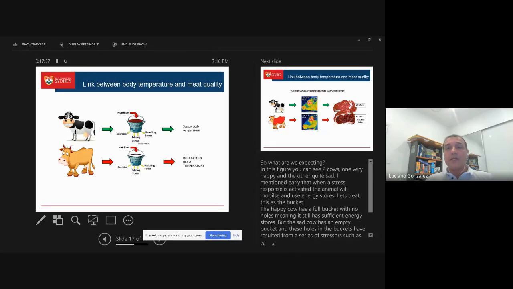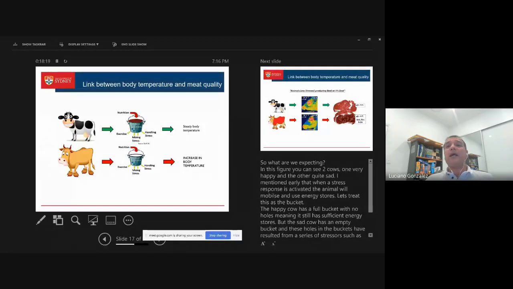So for proper maturation, we need to decrease the pH of the meat from about 6.5 to around 5.5. And if the animal uses that glycogen before slaughter, then the meat will not mature, and therefore you will get dark cutting.